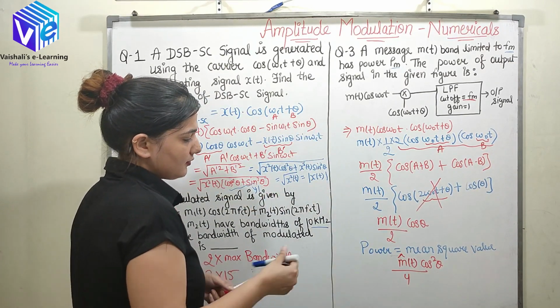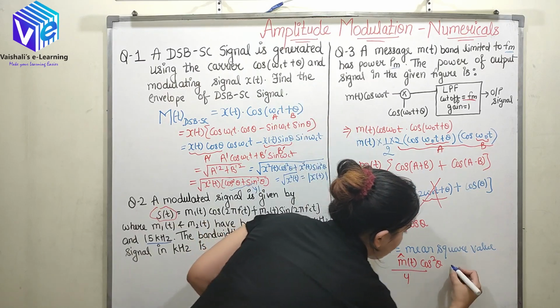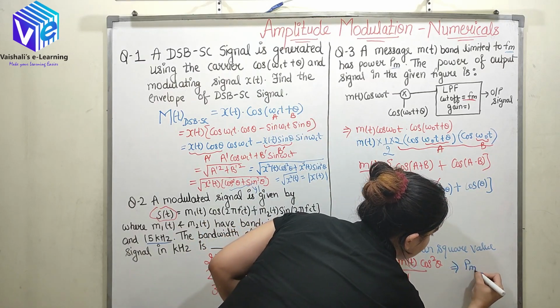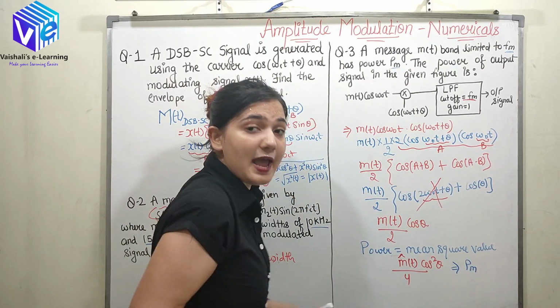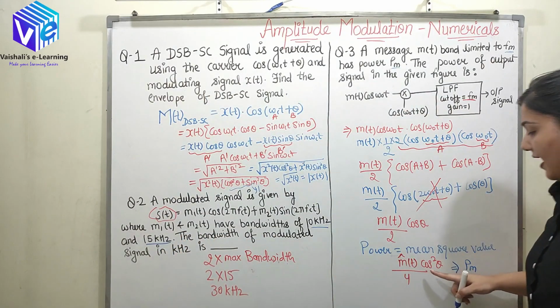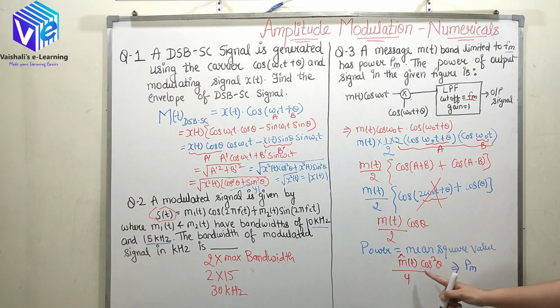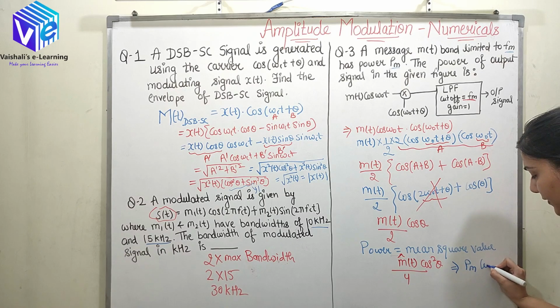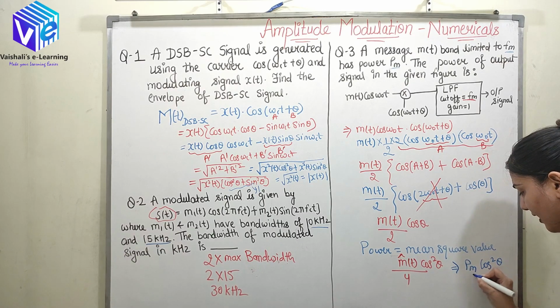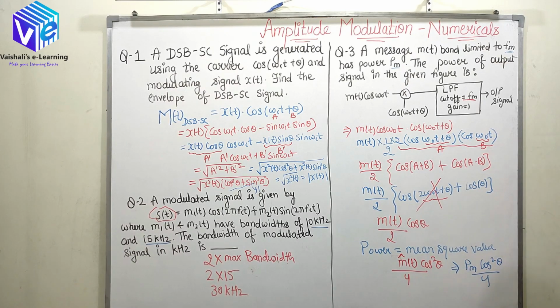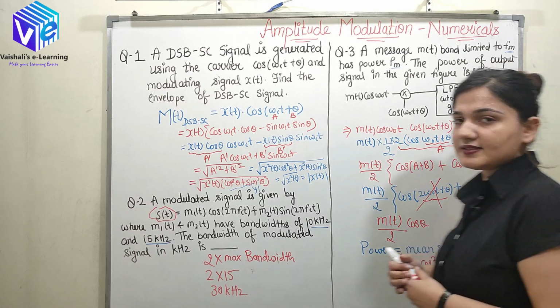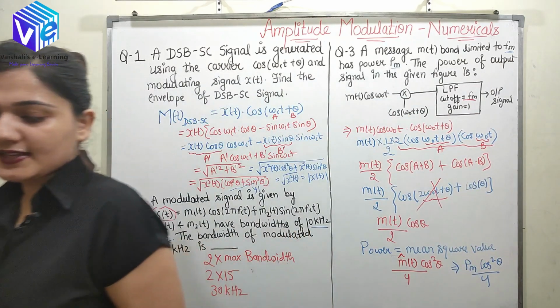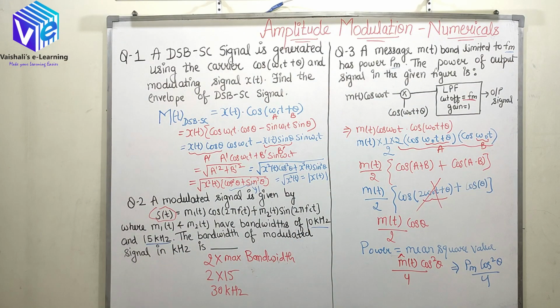So now the mean square value of m(t) is represented by power, which is represented by Pm. The power of m(t) is represented by mean square value of m(t). So Pm cos² θ upon 4. So now I hope this thing is clear. So now you can take the screenshot of this question. So now we'll be talking about the next question.